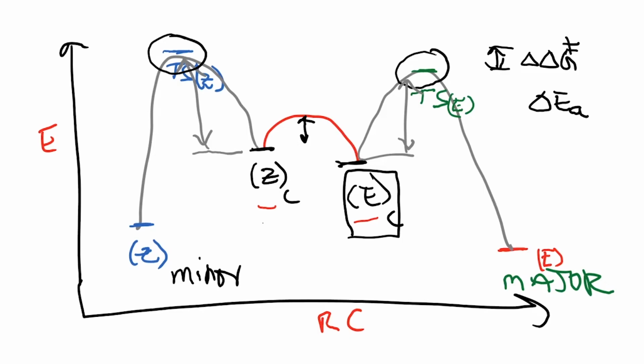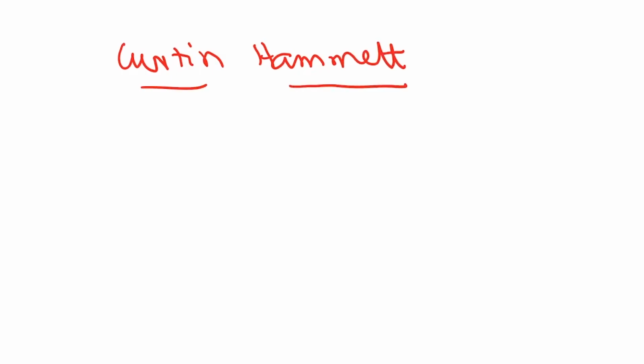Okay, so this principle is known as the Curtin-Hammett principle. I'm just going to redraw it over here. So the Curtin-Hammett principle basically says that when you have a reaction with multiple conformations in play, the more reactive conformation is going to produce the major product.